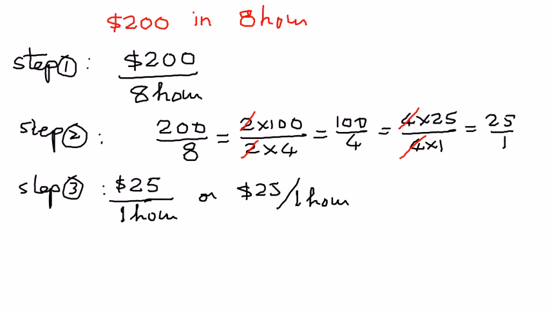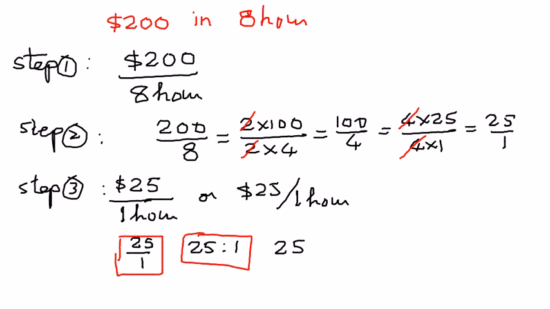The three different ways, as we mentioned in our previous example, to express our answer are as follows. We can write it as 25 to 1 as a ratio, or we can write it as 25 to 1 separated by a colon, or we can also express our answer as a fraction, 25 over 1.